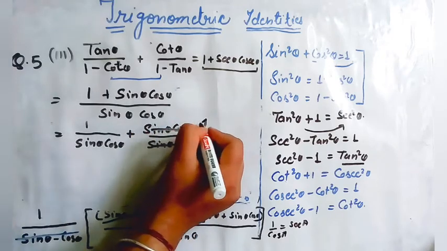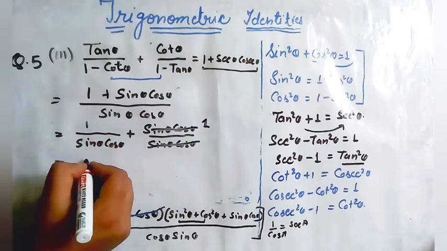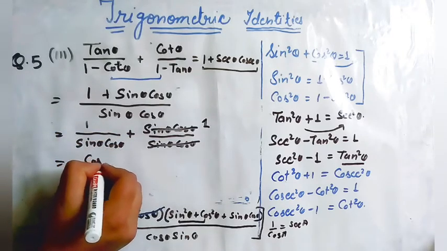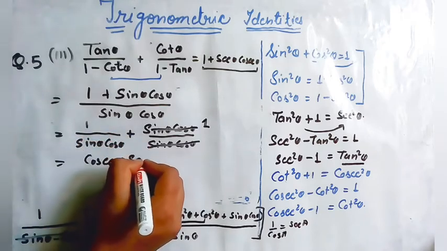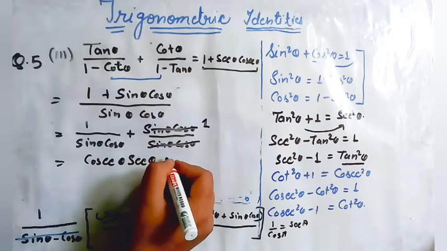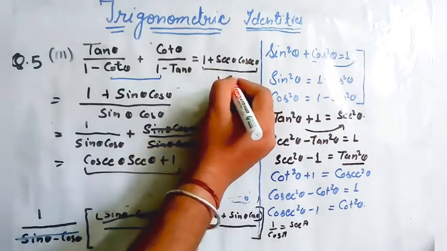This one is cancelled, will be equal to 1, and 1 upon sin theta is cosecant theta and 1 upon cos theta is secant theta, plus 1, which is equal to the right hand side.